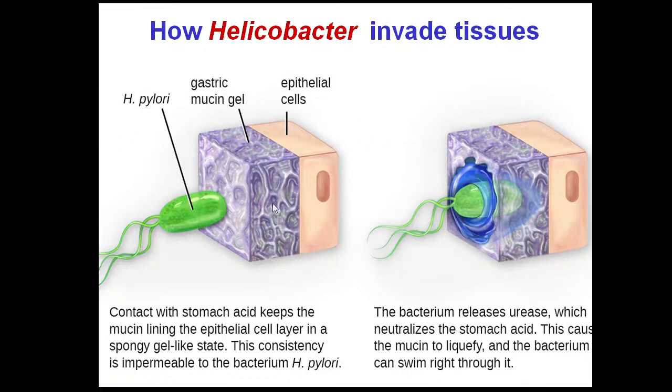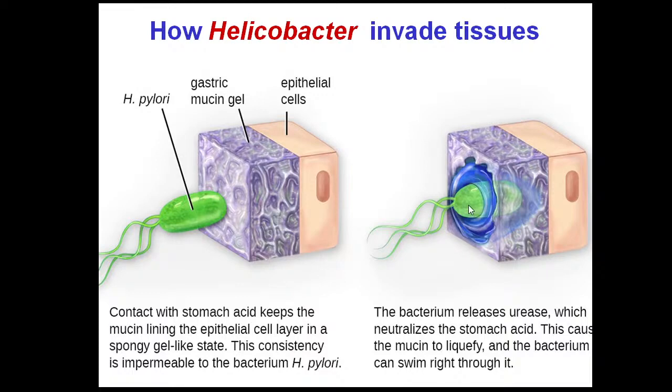See, this is gastric mucin gel, and this is quite hard and quite good protection for epithelial cells. But this consistency is impermeable to a lot of bacteria, including Helicobacter pylori. It gives very good protection.